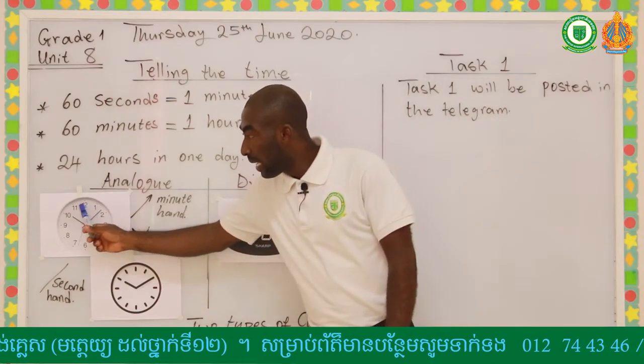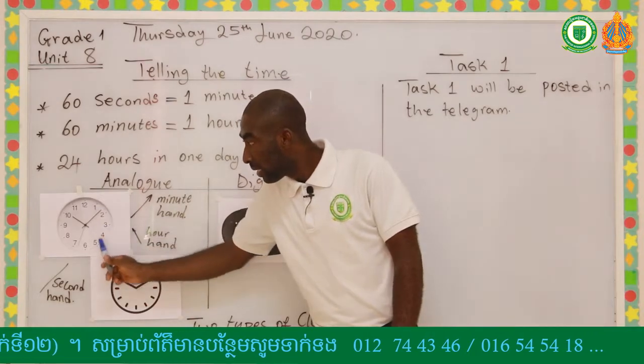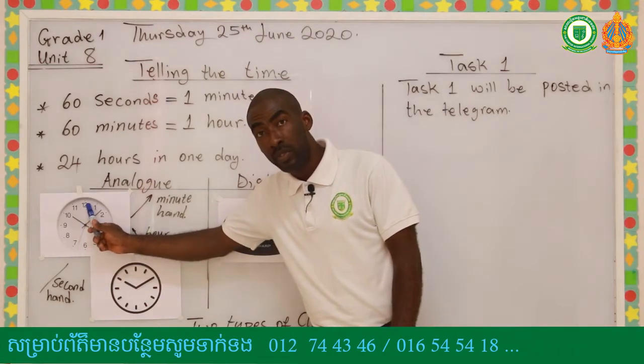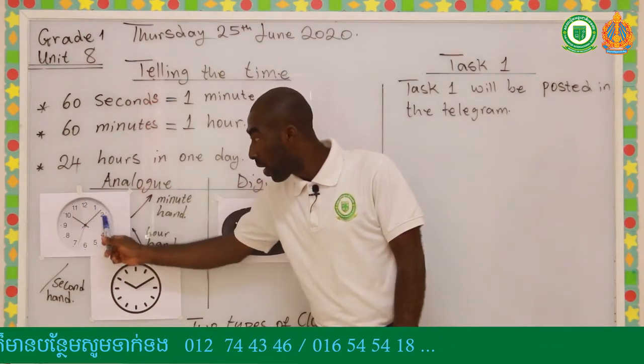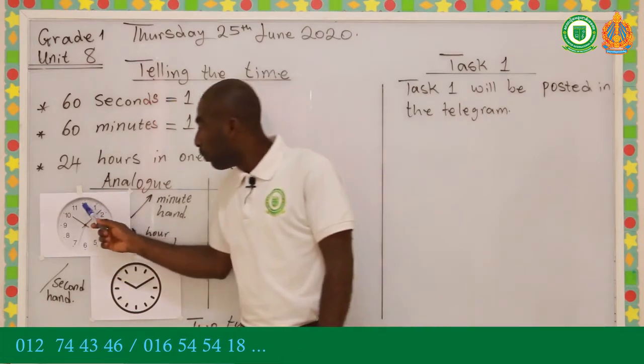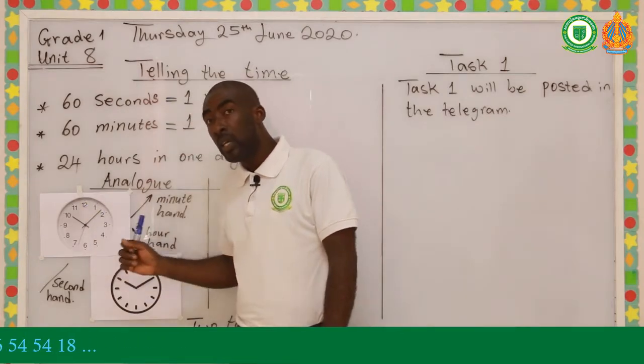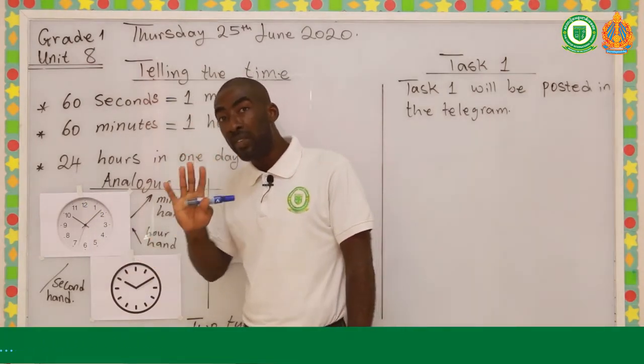It comes with numbers. It starts from 1 till 12. Now between 12 and 1 you have a space of 5.